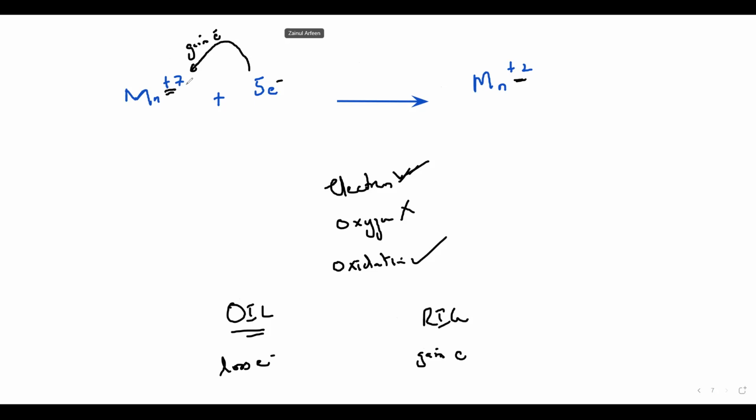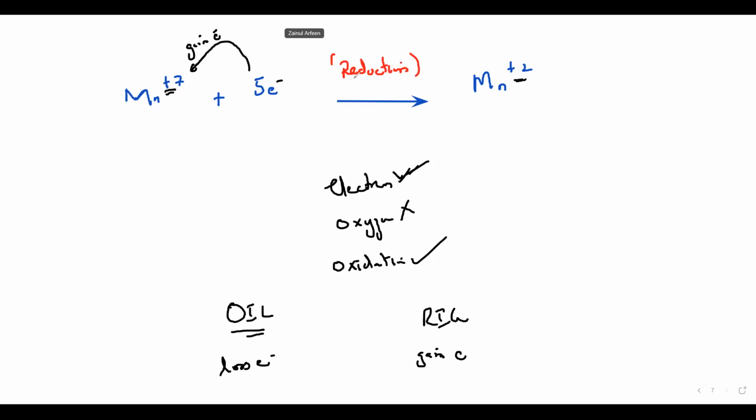So what happened here? Mn plus 7 gains 5 electrons and turns into Mn plus 2. What do we call this change? Because it's a gain of electron, whenever it gains electron, we call that reduction.